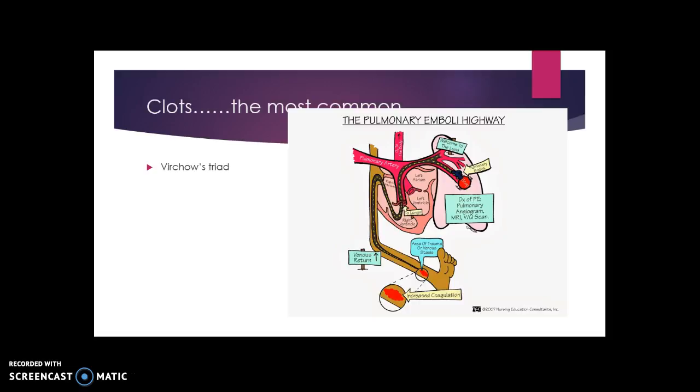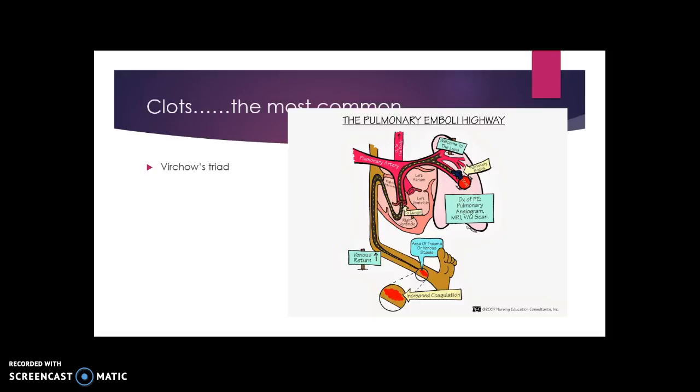So the most common form of PE is a blood clot. Okay, and this is a nice little thing that shows an area of venous stasis. Okay, DVTs develop, and then they end up embolizing part or all of it, up into the superior vena cava, and through the right atrium, right ventricle, into the pulmonary artery, where it will lodge someplace in the pulmonary artery.